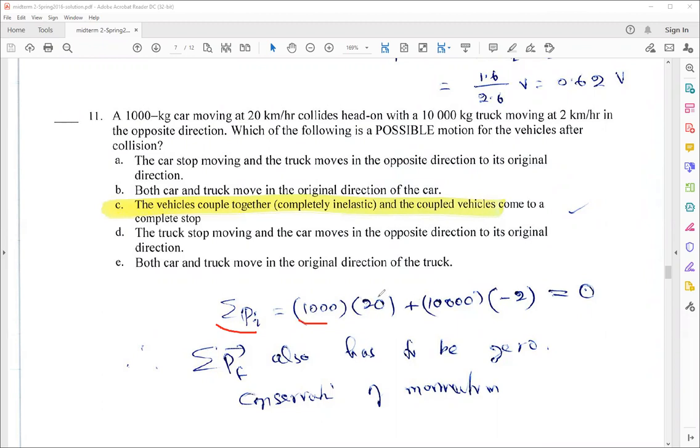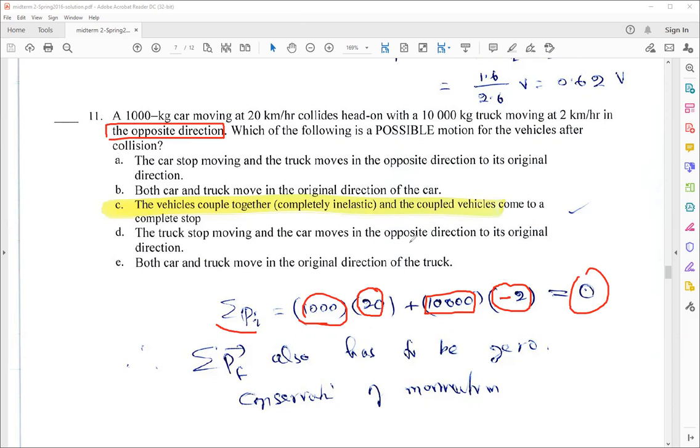The mass for the car is 100, and the velocity for the car is 20 kilometers per hour. And then the truck is 100 times heavier, multiplied by the velocity of the truck, -2, because it's moving in the opposite direction. So the net is then equal to 0.